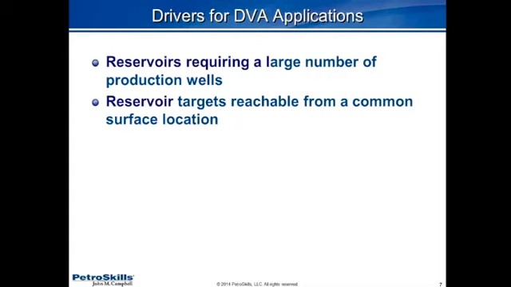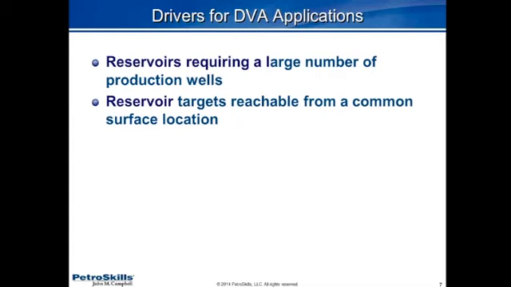Reservoir targets have to be reachable. We mentioned earlier that current drilling technology permits the drilling to a reservoir target up to, say, 7 miles laterally from the location of the platform or the drilling center.